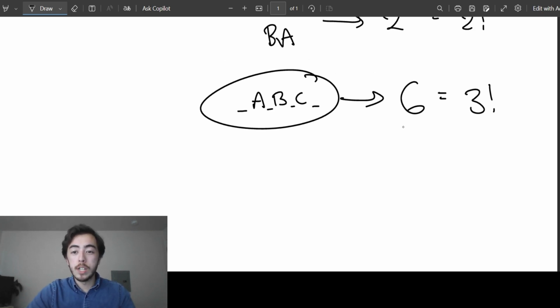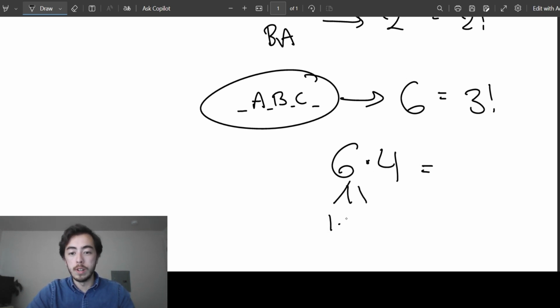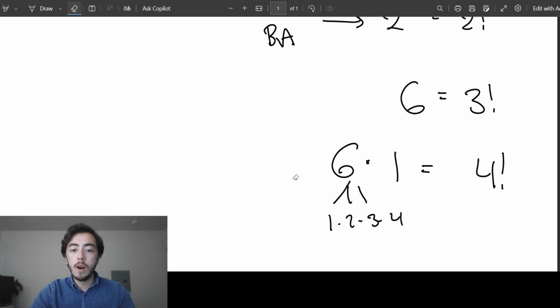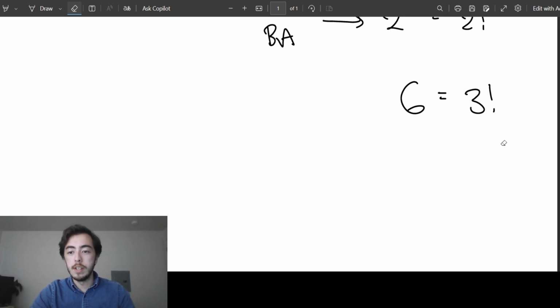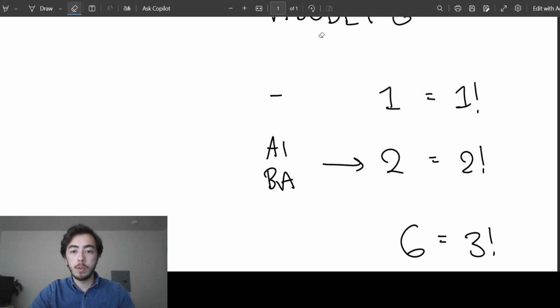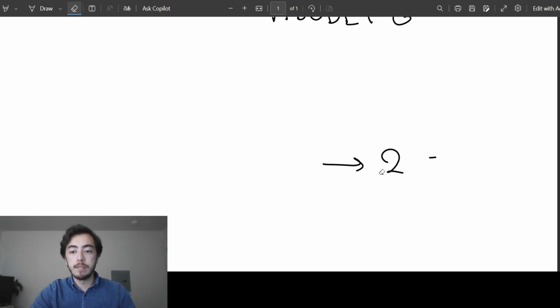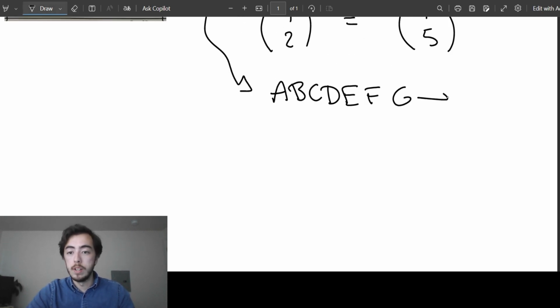And so each of those 6 previous words will have 4 spots for me to slot in the new letter D, and ultimately this is just 1 times 2 times 3 times 4, or 4 factorial. So hopefully that's enough of an explanation to confirm that if we were scrambling 7 distinct letters, we will have 7 factorial different options to choose from.